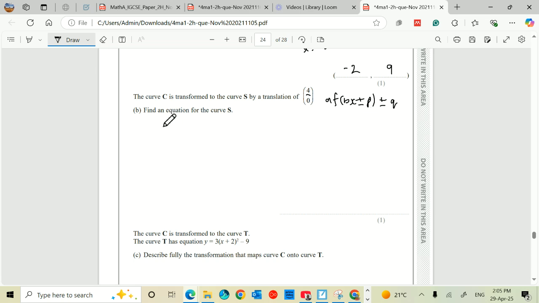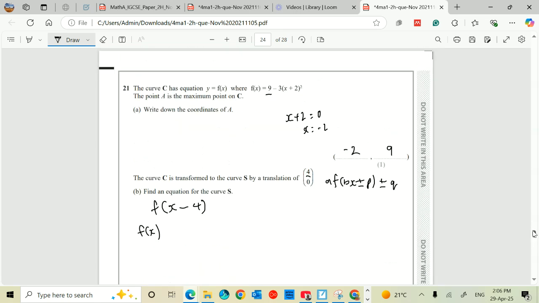So find an equation for the curve S. Well, if it's moved 4 units to the right, that means the function must be x minus 4. We're going to substitute that back into the original function of x, which is equal to 9 minus 3 brackets x, and now minus 4, plus 2 all squared.